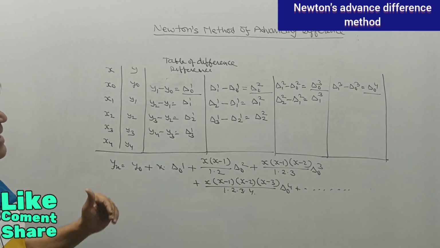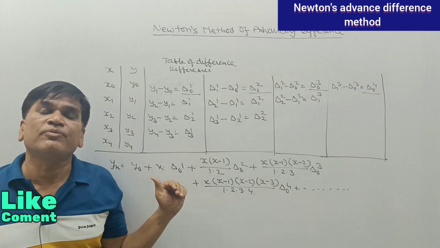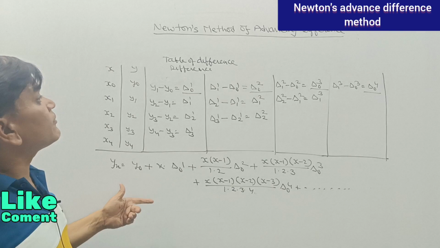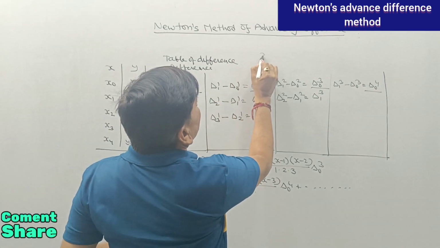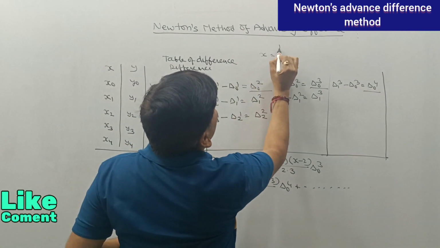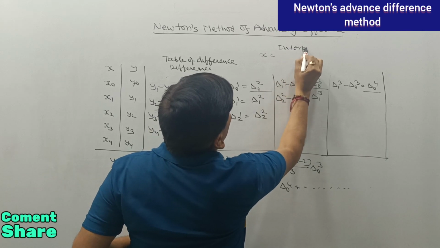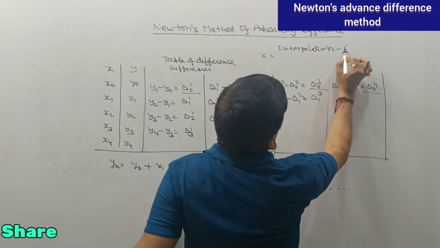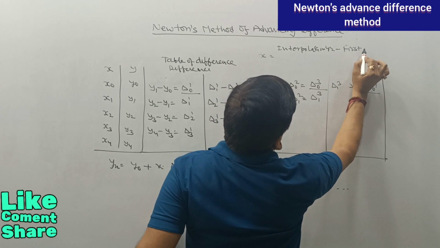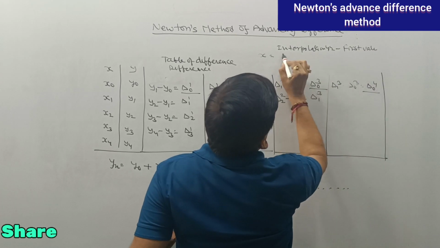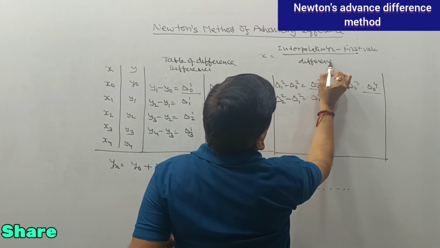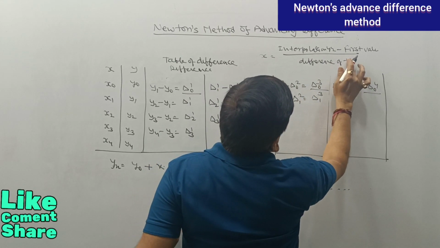Now what is x? It is also very important how we calculate the value of x. The value of x is the interpolation value minus the first value, divided by the difference of two values.